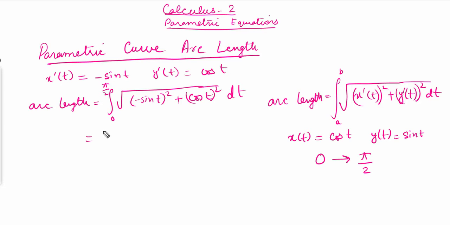So it will become from 0 to pi by 2, and it will become sine square t plus cos square t. That will become equal to 1 in the next step.